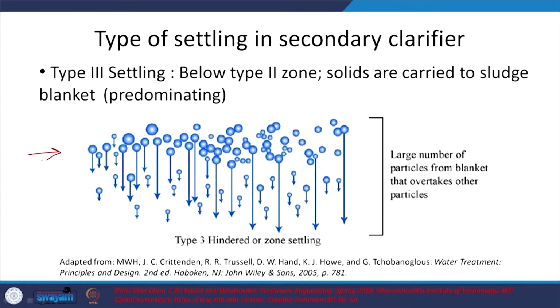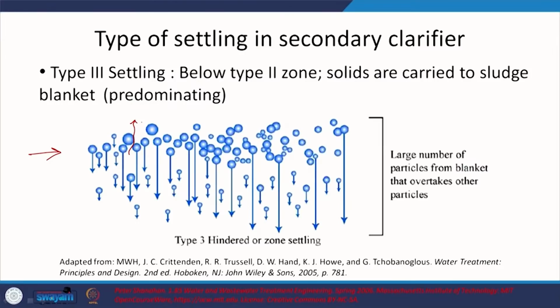And one aspect here is that initially the velocity is going to be relatively constant, but as the solid concentration in this zone increases, the water will find it difficult to find space to move out. The water has to move out, yes. So, as the concentration increases, that will be difficult.